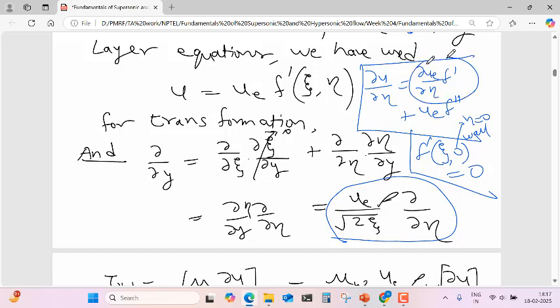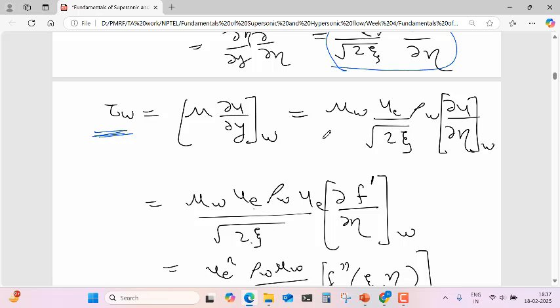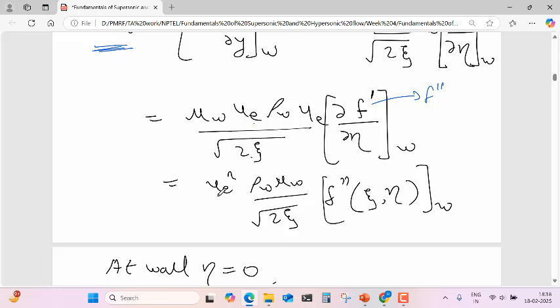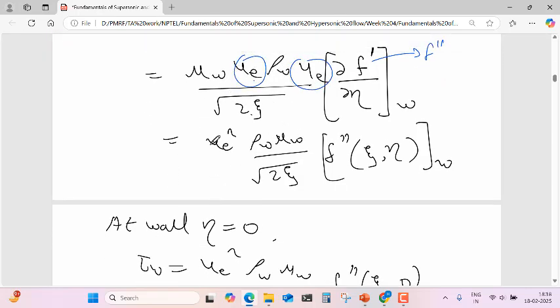So this term will be 0 and we will get only ue f double dash, that is ue dou f dash upon dou eta at wall. This ue and this ue will be ue square, mu w rho w upon under root 2 xi, f double dash (xi, eta) at wall, eta equal to 0.